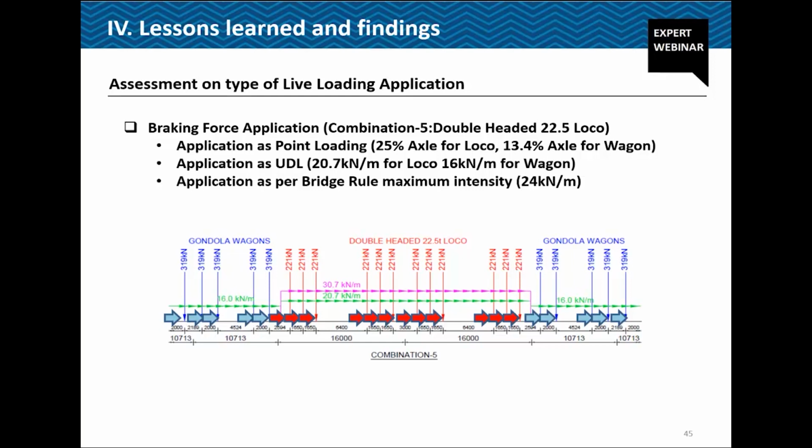And even for this maximum combination 5 loco, if we divide by the corresponding length, I'm getting a lower value in terms of braking, less than 21.